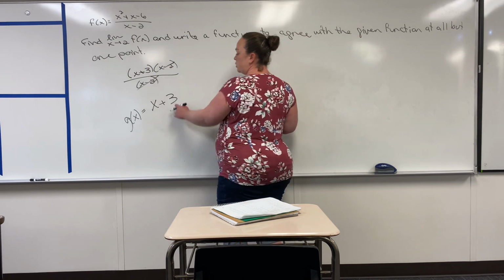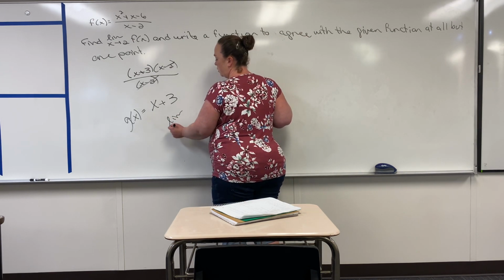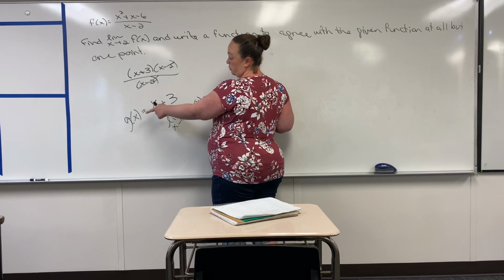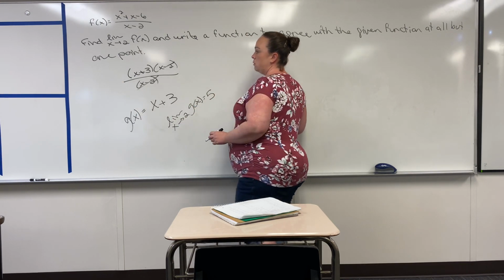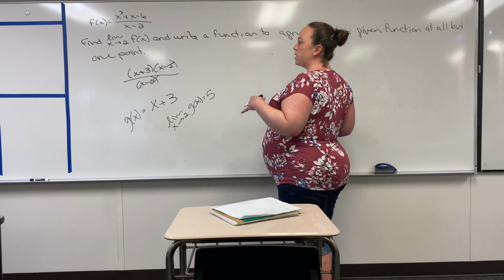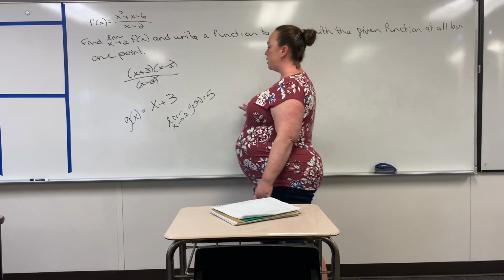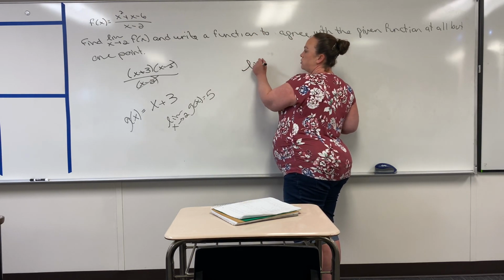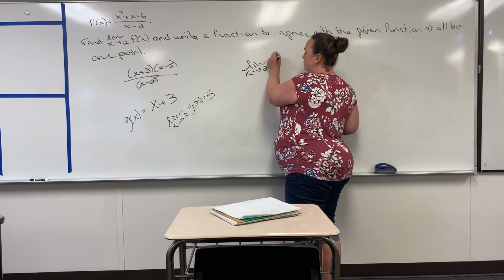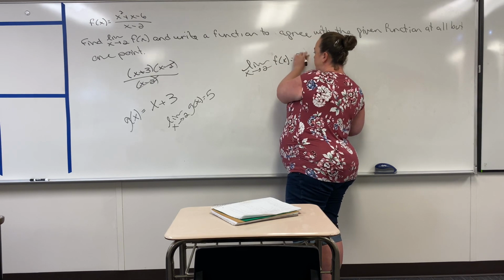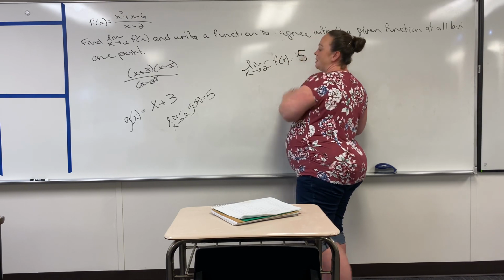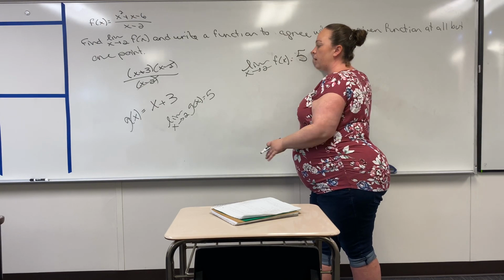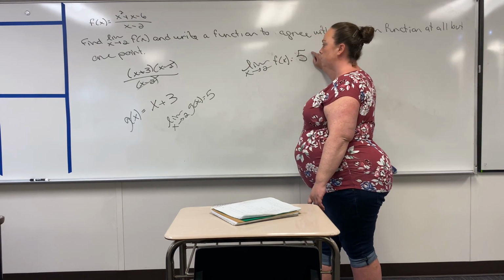So if we wanted to, we could find the limit as x approaches 2 of g of x. So we could plug 2 into that and get 5. Okay? What that property that we wrote down initially says is that if you know that this one is 5, then that allows you to also say this one is 5, because they're the exact same function everywhere except at 2.